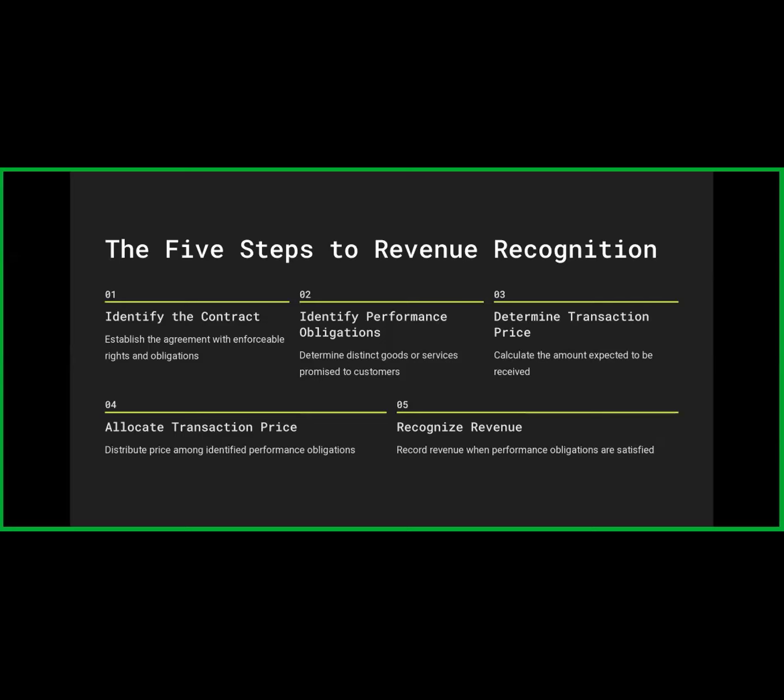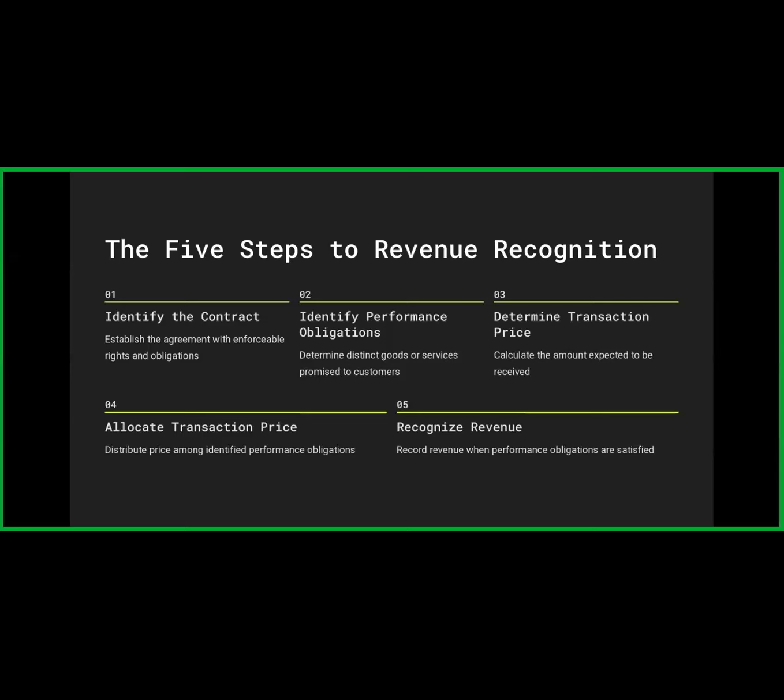Then we need to determine the different goods and services promised to customers. What is the quality of the product? What are the different goods and services which the customer wants? That we identify in step number 2, and then determine the transaction price.